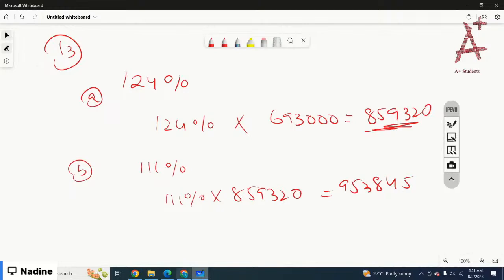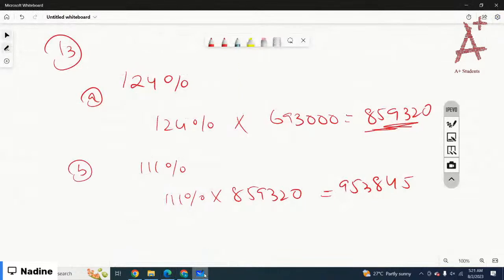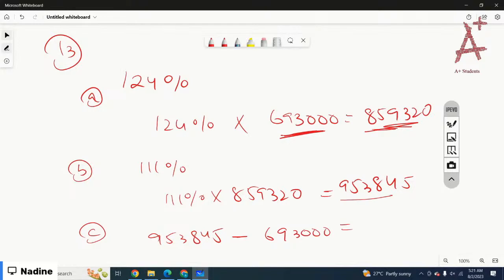Okay, then for the C part, you have to calculate the increase in population from 1990 to 2005 as a percent of 1990. In 1990, this is the population. So let's subtract this from 953,845. This is the population in 2005, and this is in 1990. The difference is 260,845.